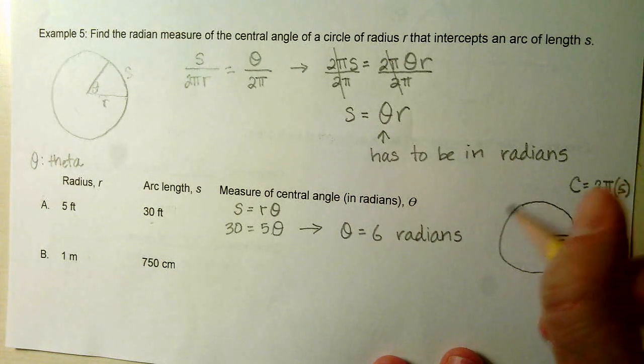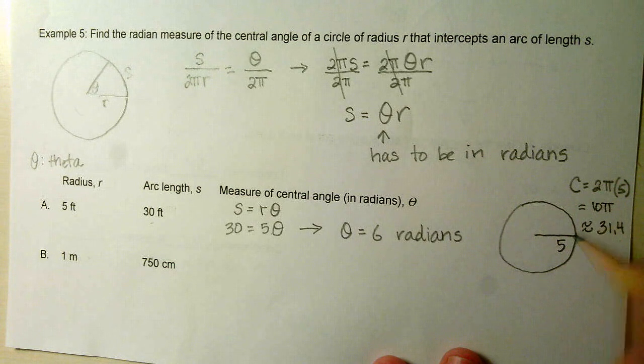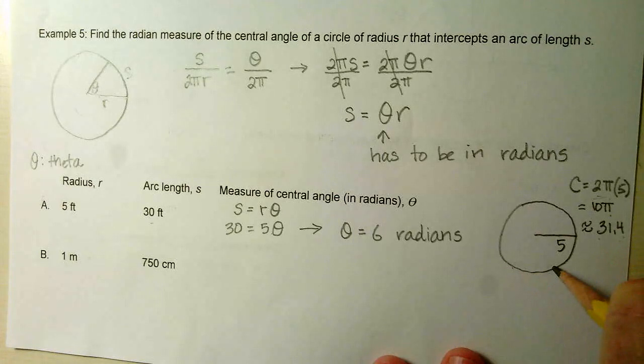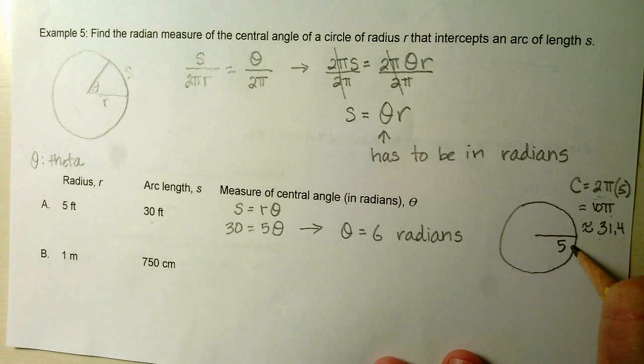And think about it, 2 pi radians in this case is 10 pi, which is about 31.4. And this is about 6.28 times 5. So if I go 6 times around, I'm going to get to about 30.